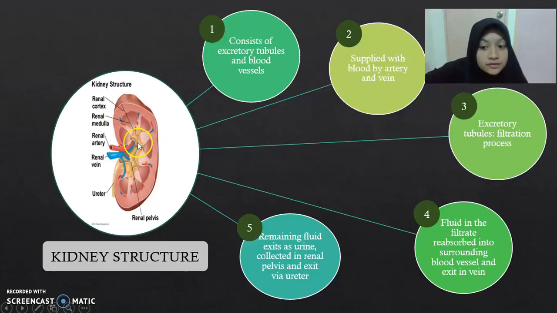The fluid in the filtrate will be absorbed into the surrounding blood vessels and exit in the vein, whereas the remaining fluid will exit as urine, which is collected in this tissue known as the renal pelvis, and exit through the ureter.